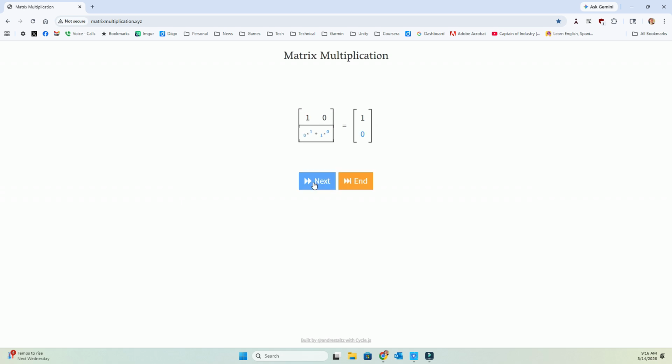Click next. We get 1 times 0 plus 1 times 0, and both of those operations produce a 0. So 0 plus 0 is equal to 0. So the outcome is 1 plus 0. And if we click next, it's going to place the right-hand matrix back in, so we can see the full equation with the answer.